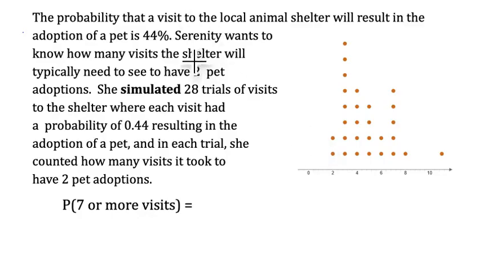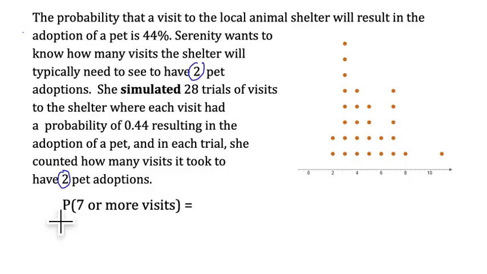By the way, this number, the 2, is not going to affect any of the math in this problem. It's just how the simulation is being carried out. So this tallest stack here tells us that the most frequent number of visits it took before 2 pets were adopted was 3 visits.